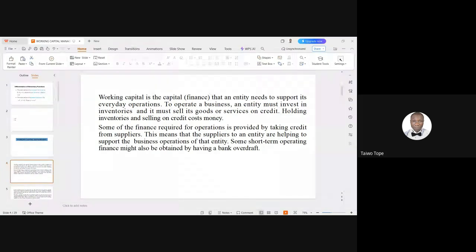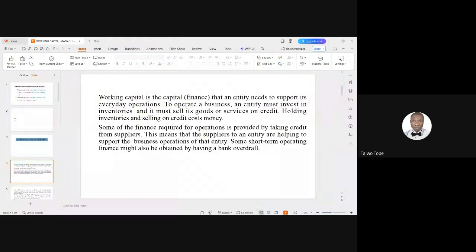But when I know this customer is not credit worthy, is recalcitrant, very stubborn, the customer might not enjoy such credit benefits, such credit policy that the organization has put into place. So the relationship between the company and the supplier can determine the nature of the working capital an organization is maintaining.